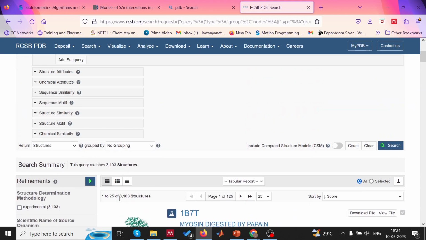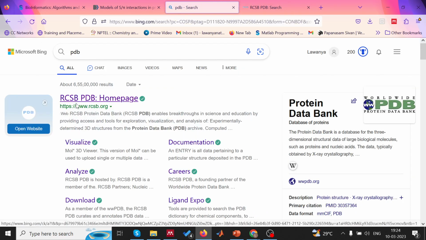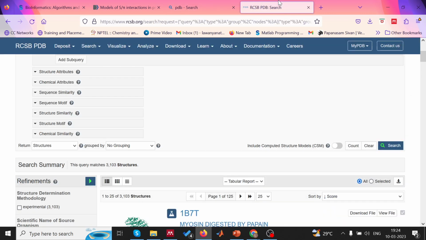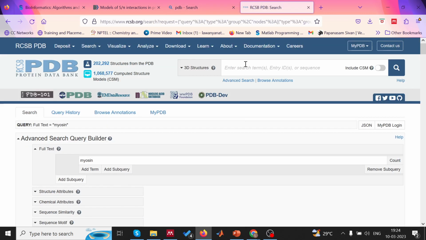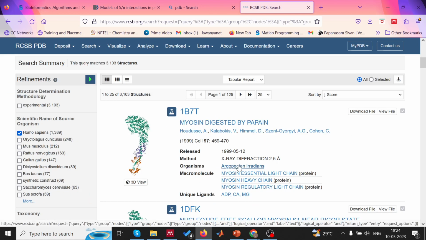So now remember 3103 structures. So Ambreen, I just typed PDB and RCSB org. Yeah, you can just go to PDB and then I typed myosin here. You can type any random protein. Okay, so this is a structure.